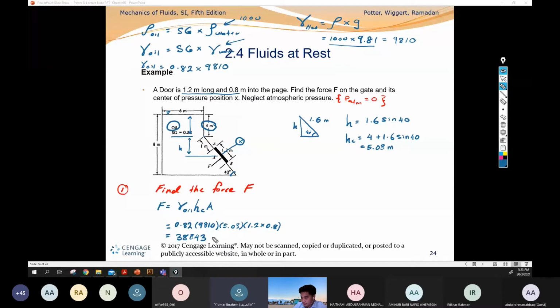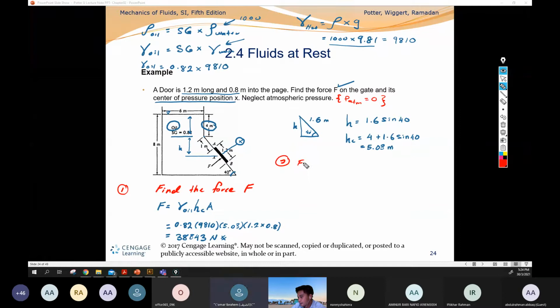Okay, this is Newton. Alright, so now you have found the resultant force. So how to get the coordinates or the centers of pressure? So can you see this is x? So based on our equation, which is y, okay, let's use this one.